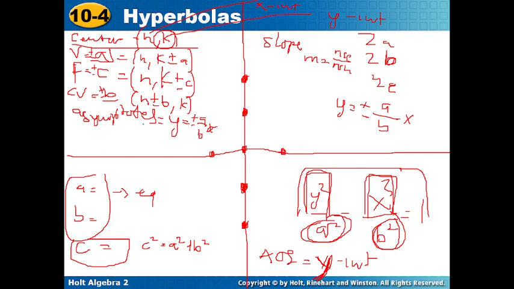In hyperbola, we have what we call the transverse axis. The transverse axis is the axis which we could find on the vertices. Coming from this point into this point, this is the transverse axis, and our conjugate axis is the one with the co-vertices.